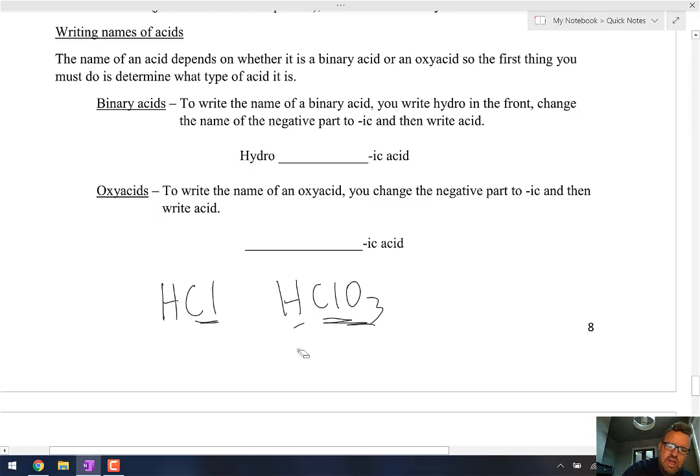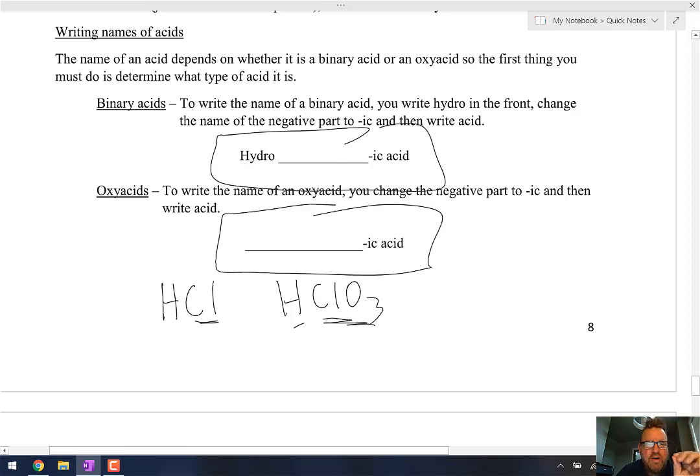So the key is, if it's a binary acid, and you can see it right here versus here, you put hydro in the front. So this is hydrochloric acid. If it's an oxy acid, this is an oxy acid, it's got oxygen in it, right?